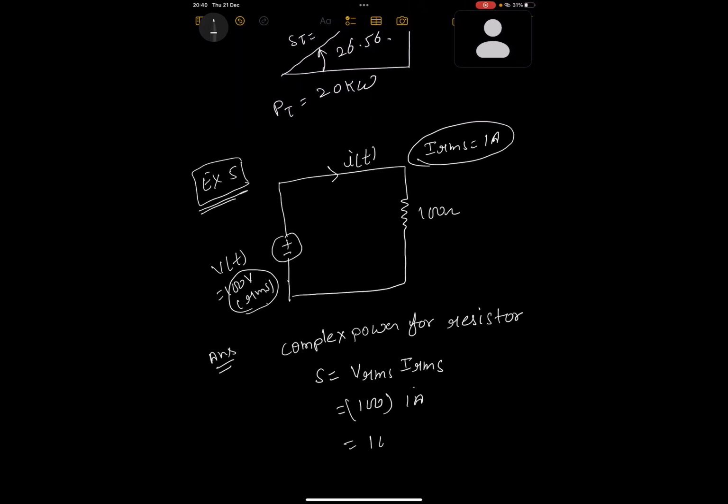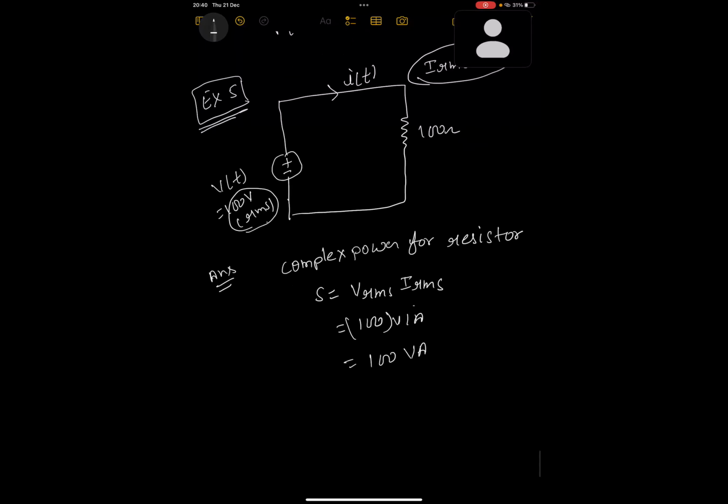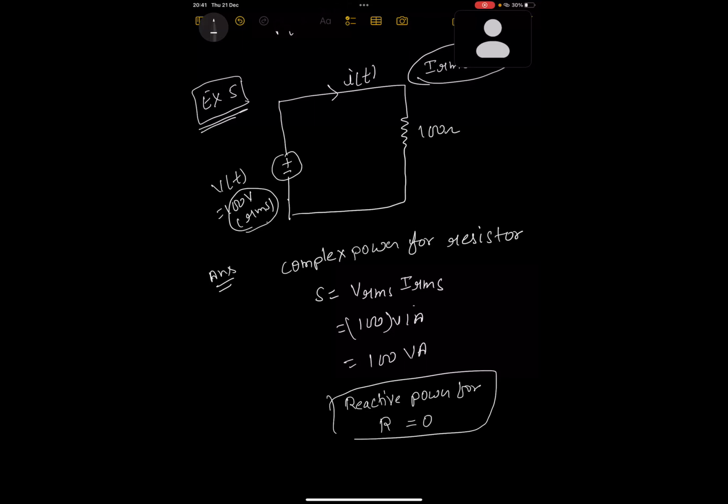This will become 100 VA. Okay, and you know here the reactive power for R is always 0, and S equal to P always. This one is your resistor.